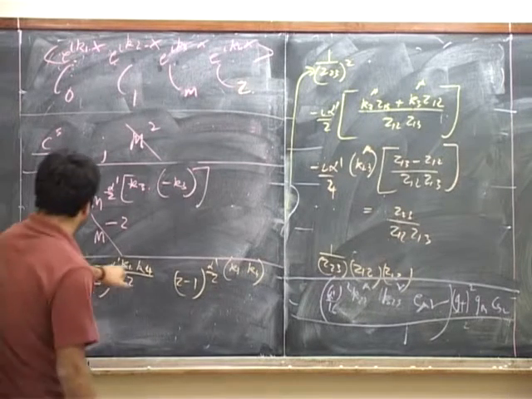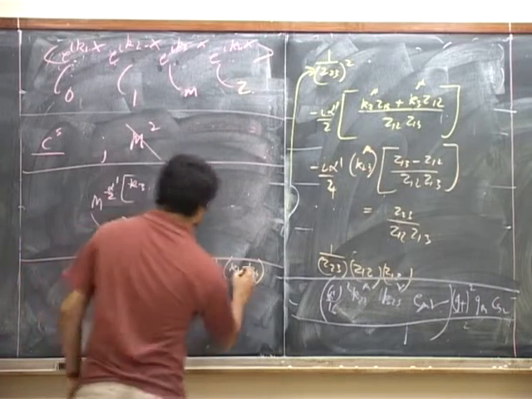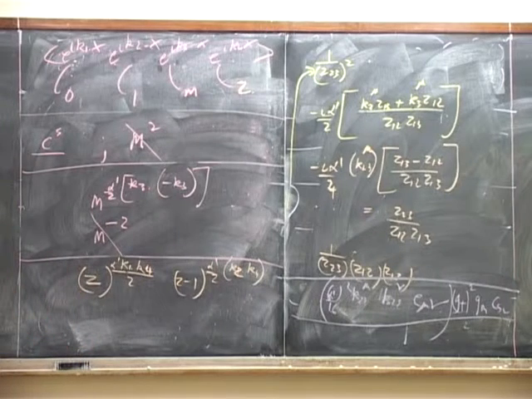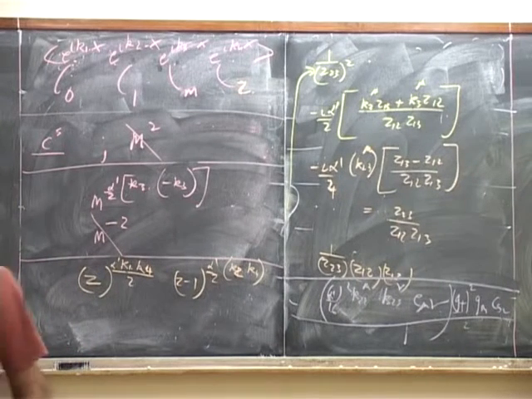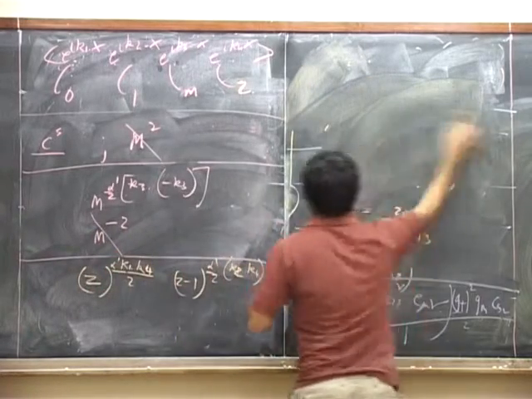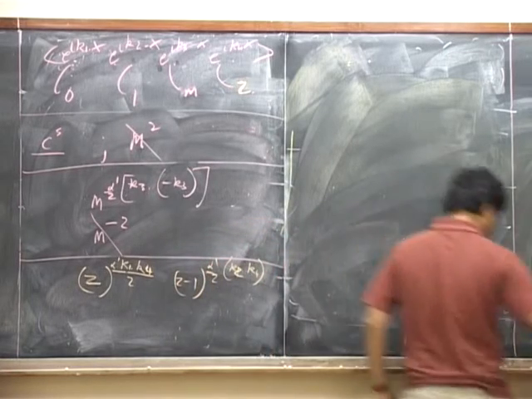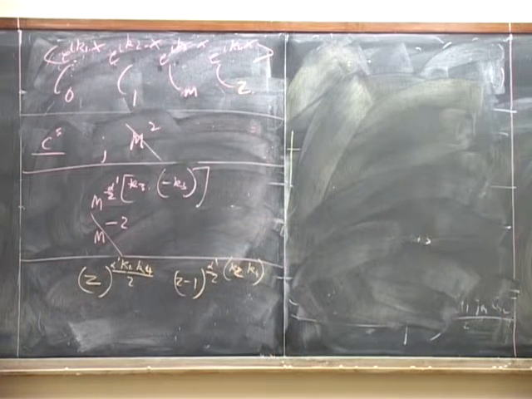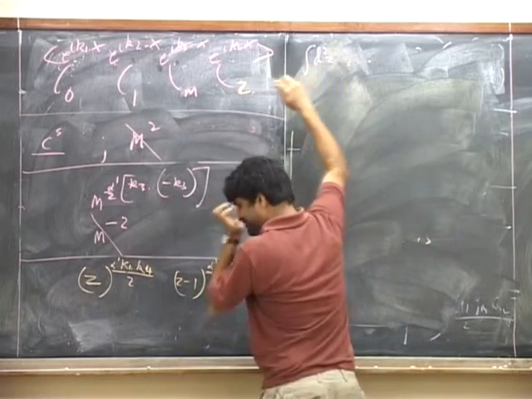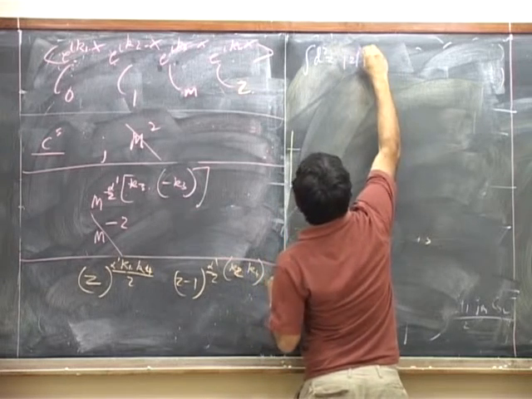Then when we multiply with the anti-holomorphic part, we just mod square this stuff. And we have to integrate. So our final answer is d2z, the whole thing.